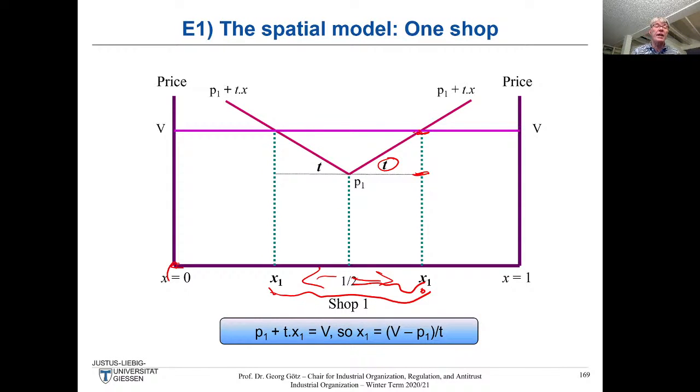The others won't buy at these prices because their price, inclusive of the transport cost, is above their willingness to pay. So we can immediately write down how x1 is determined by rearranging, so we get x1 equals (V minus P1) over T.